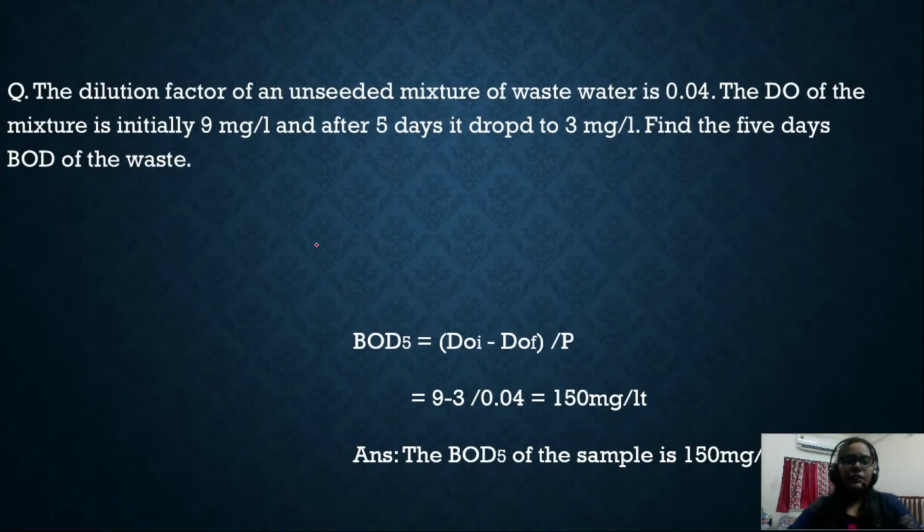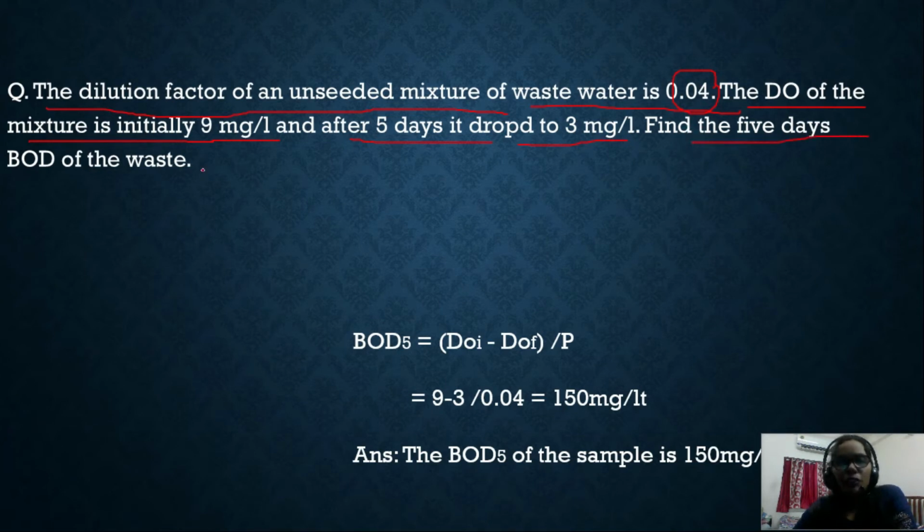Okay, next we have one more numerical question. The dilution factor of an unseeded mixture of wastewater is 0.04. That means the dilution factor is given. The dissolved oxygen of the mixture is initially 9 milligram per liter, and after 5 days it dropped to 3 milligram per liter.